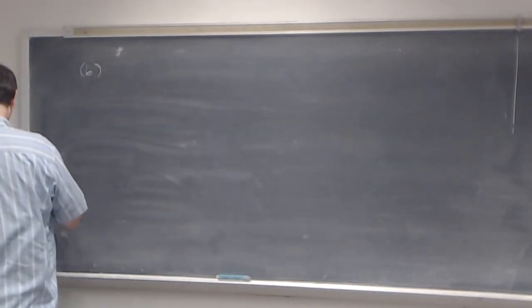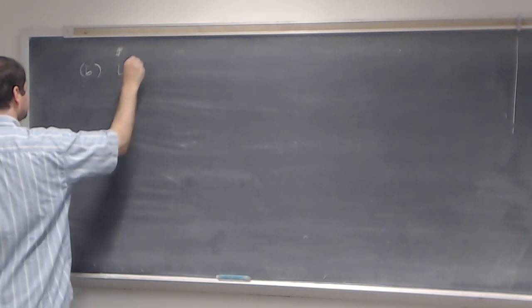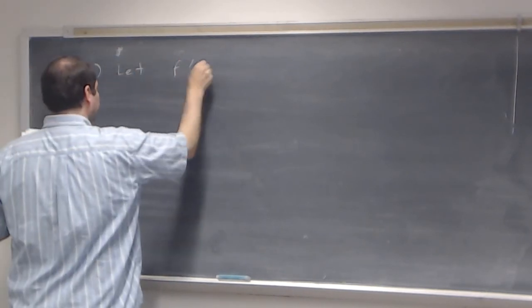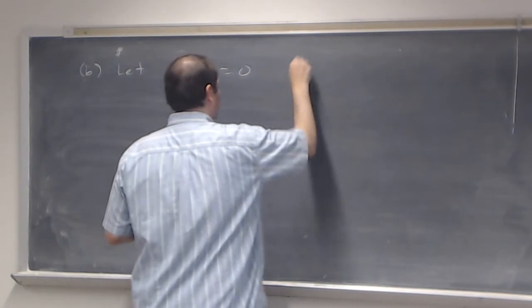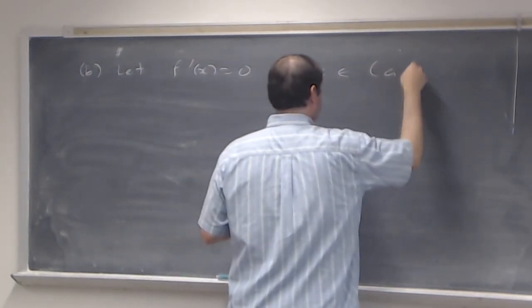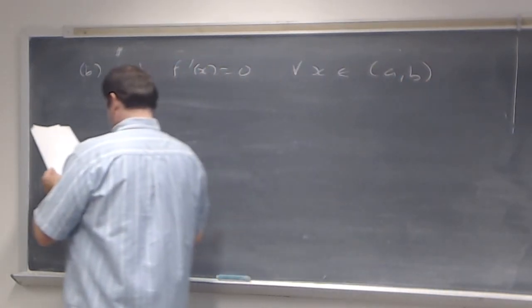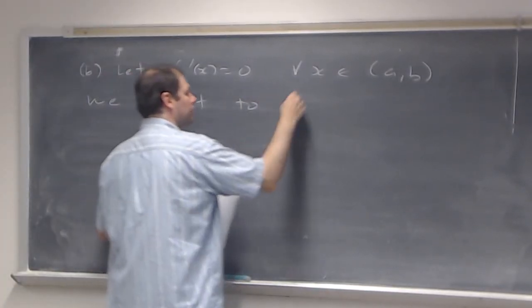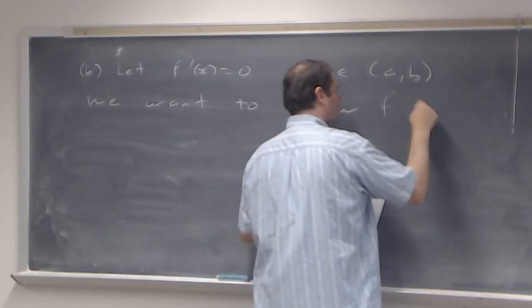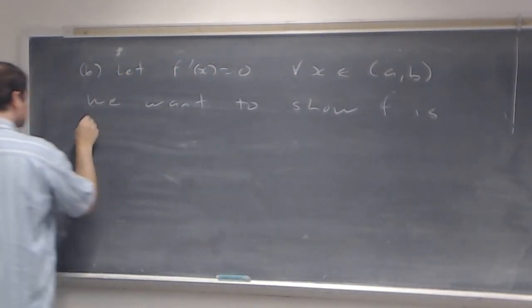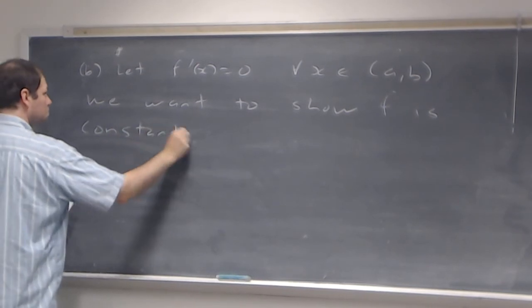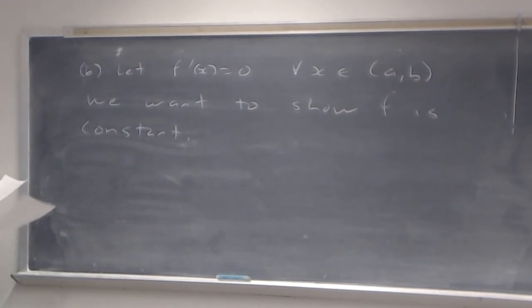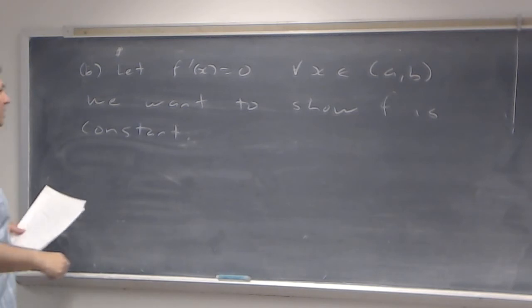Now for part B, we're going to let f prime of x be equal to 0 for all x element of a to b. We want to show f is constant. Okay.